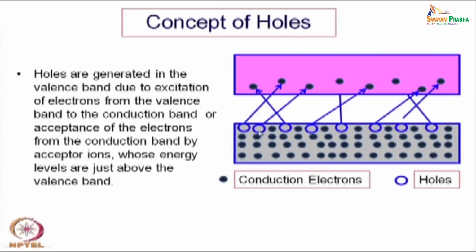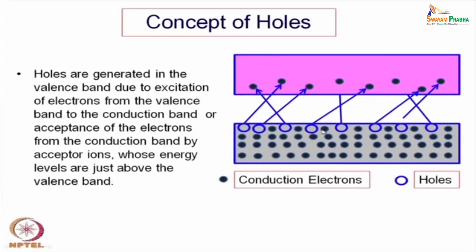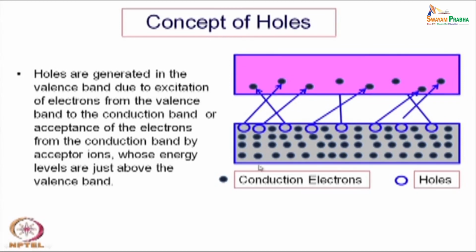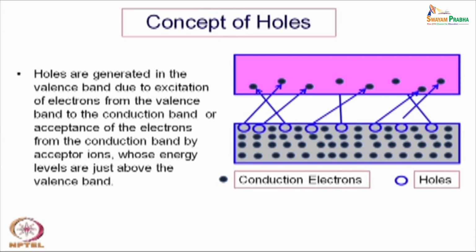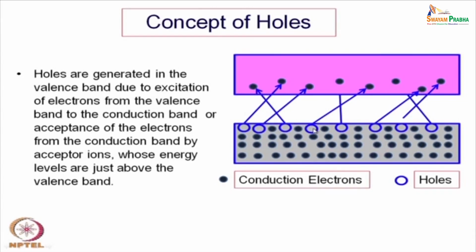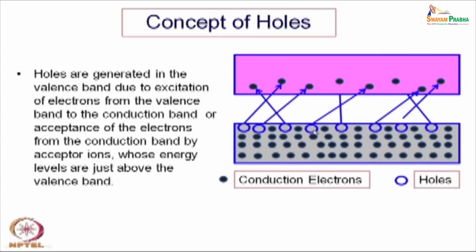So, this hole becomes a positively charged species, and these holes can move just like the electron under the application of the electric field. Just like a vacancy can move because of the concentration gradient, here because of the potential gradient or the external applied field, these holes can move in a particular direction, in the direction of the field in fact, and the movement is very simple, because if this electron jumps over to the next hole, then the hole actually moves there.